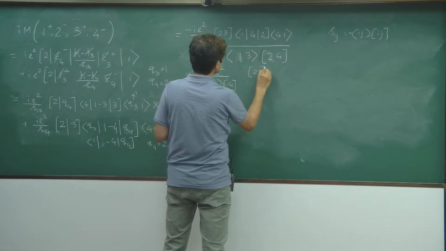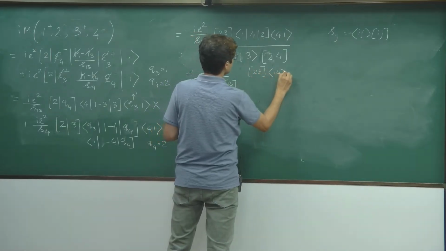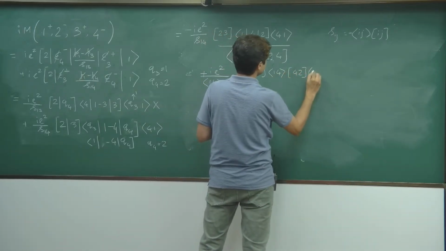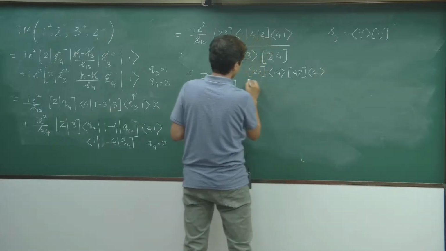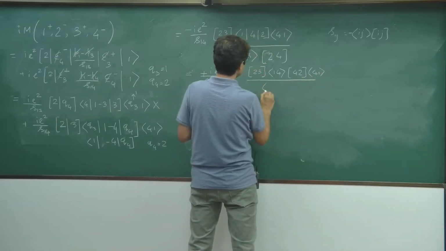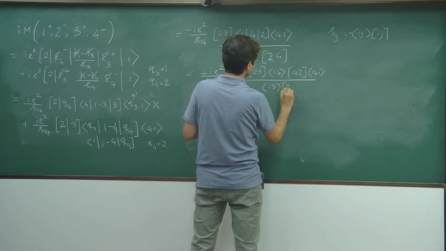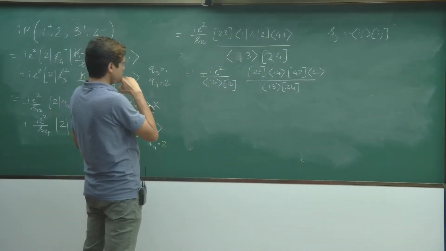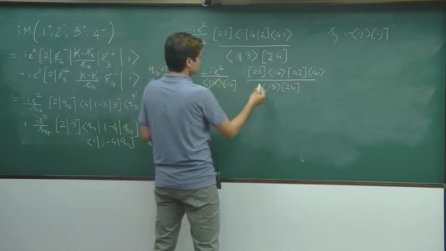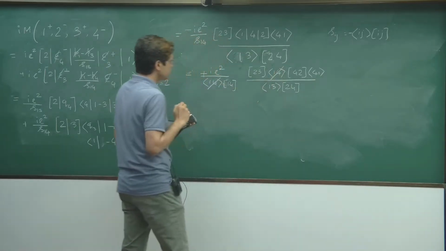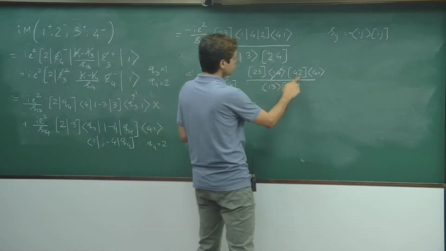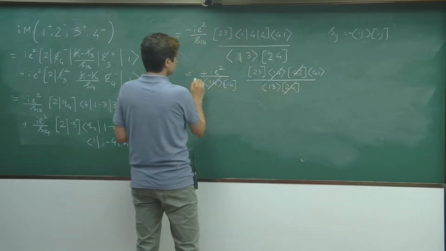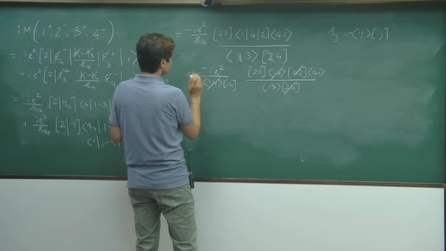So this is 2 3, 1 4, 4 2, 4 1 divided by 1 3 2 4. It looks ugly. So this 2 4 2 is basically 2 4 with a minus sign, right? So here there is a minus now, okay.